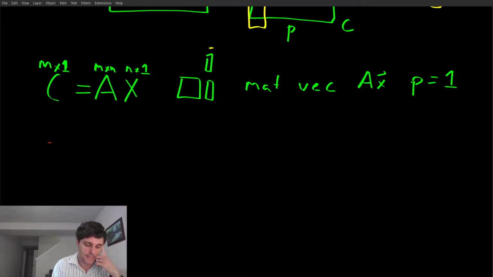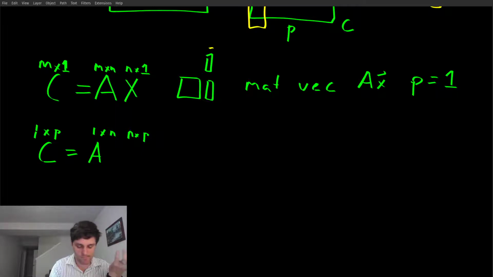So now I'm going to say C is 1 times P. A is 1 times, and I have some N here, and then this one is N times P this way, and I could call it X. Maybe it makes more sense to call it B, that's more consistent with the others.